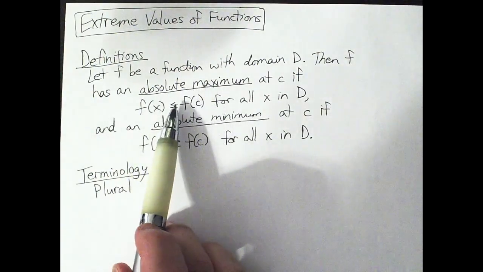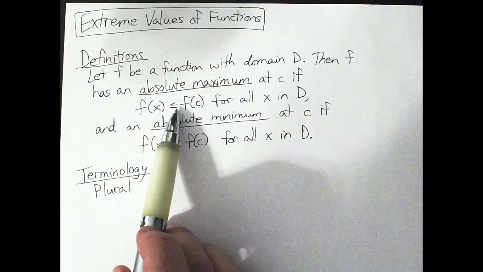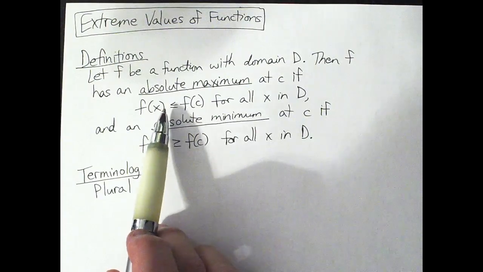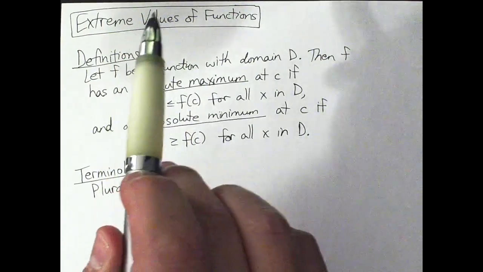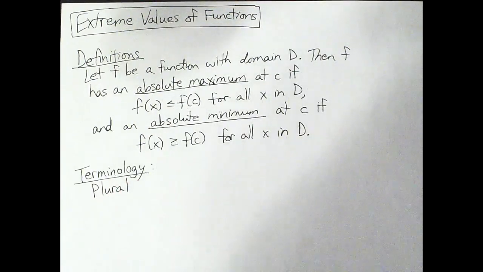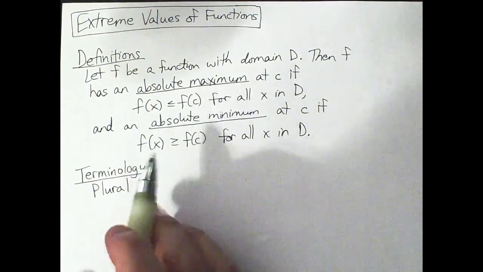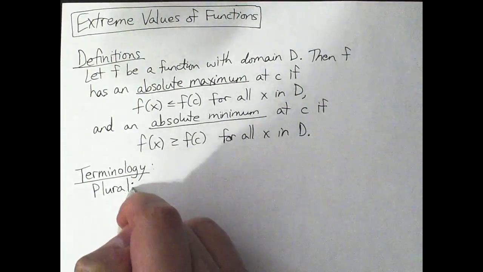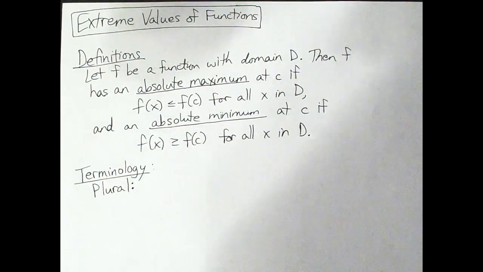Because there's a less than or equal to symbol. So you might have a function that goes up to some maximum value, comes back down, and goes back up to the same maximum value. So it could occur in more than one place.